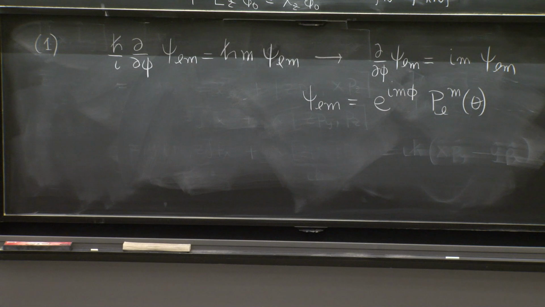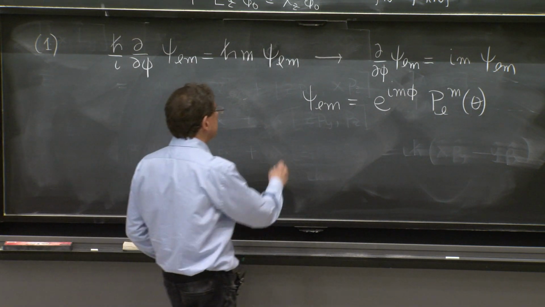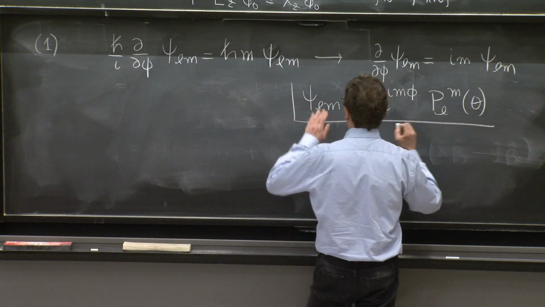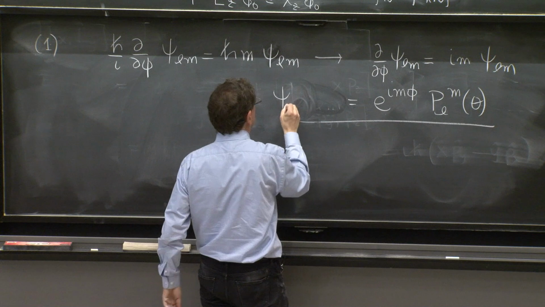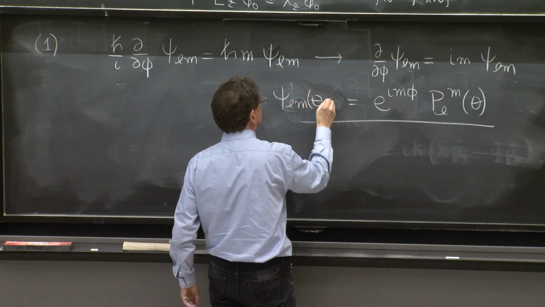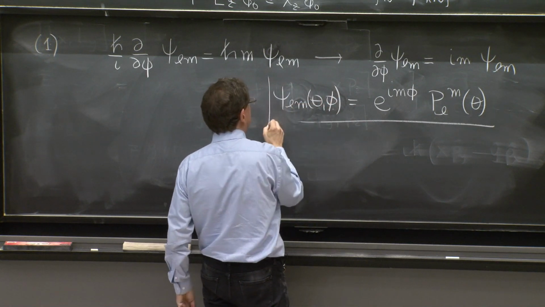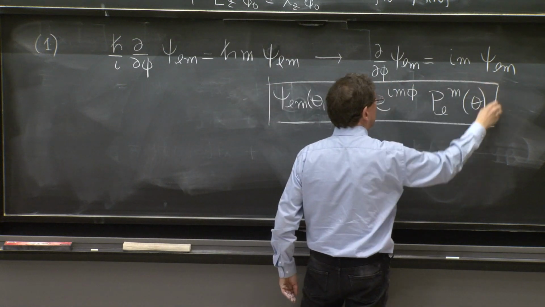Arbitrary function of theta at this moment. So this is my solution. This is psi Lm of theta and phi. We've determined the phi dependence, and it's not that complicated.